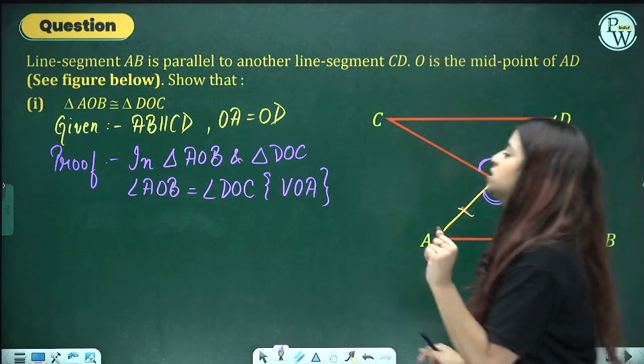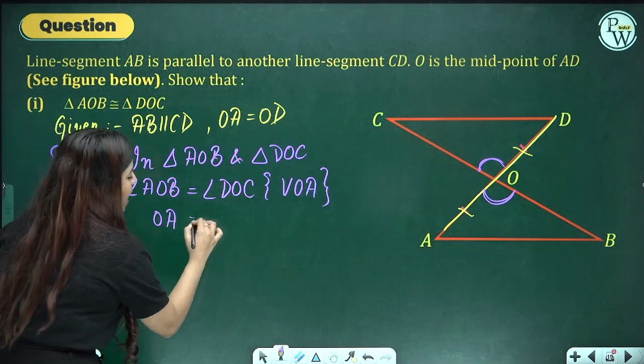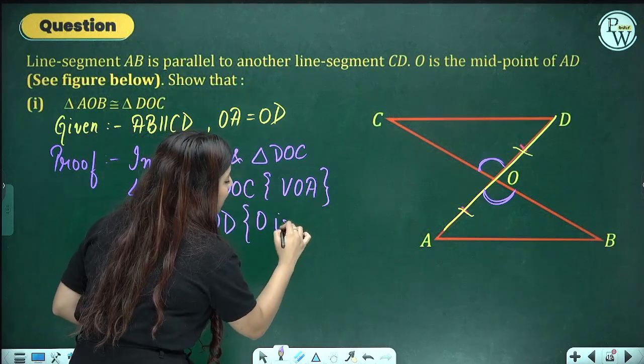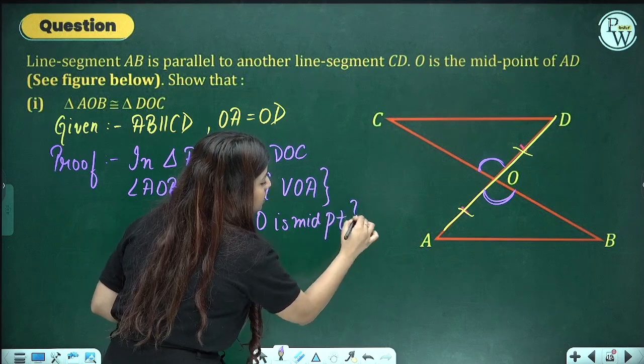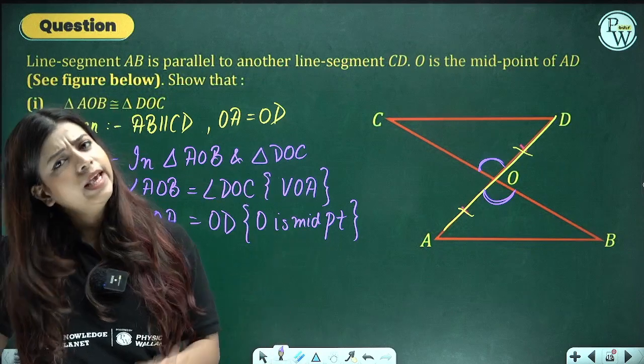We can also say that OA is equal to OD. Why? Because O is the midpoint of your particular line. So OA will be equal to OD.